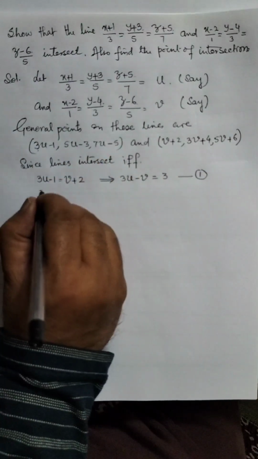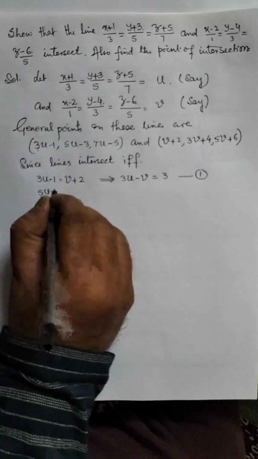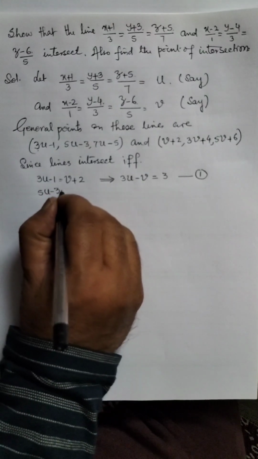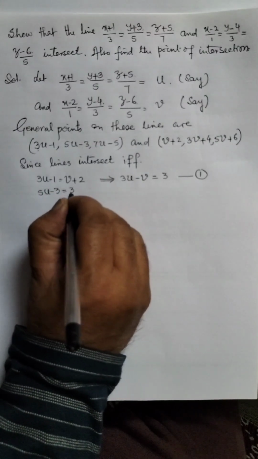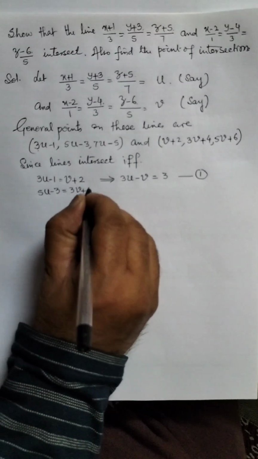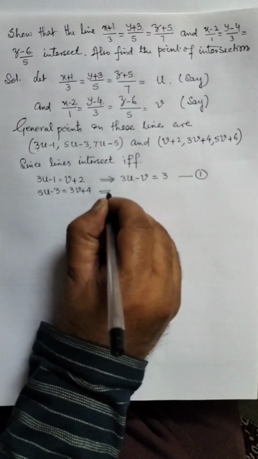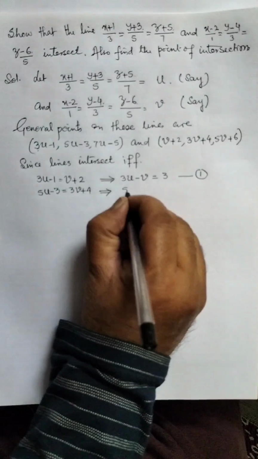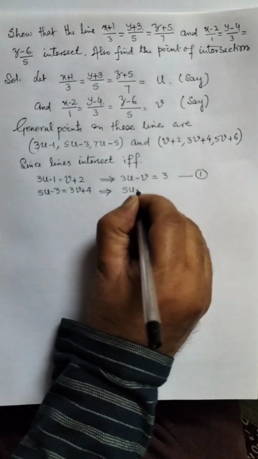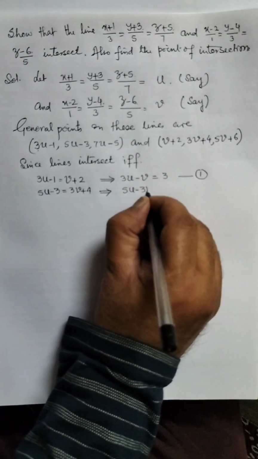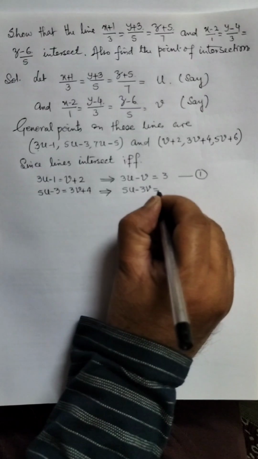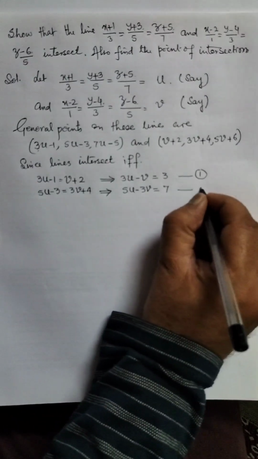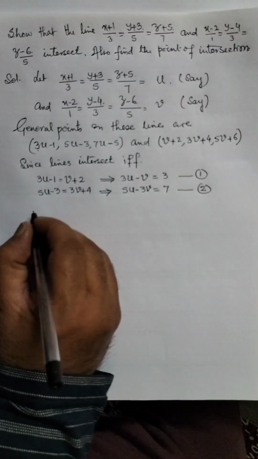And next is 5u - 3 = 3v + 4. This will imply 5u - 3v = 7. Let's call it the second equation.